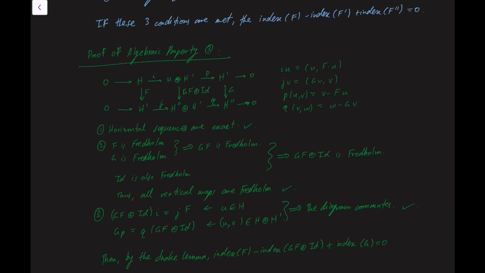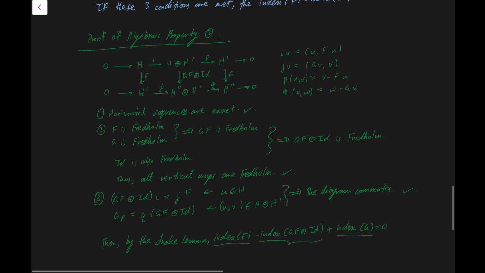Great. Okay, so we see that we have the index of f here, we have the index of g here. We just need the index of g composed with f. That information we extract from this quantity right here.